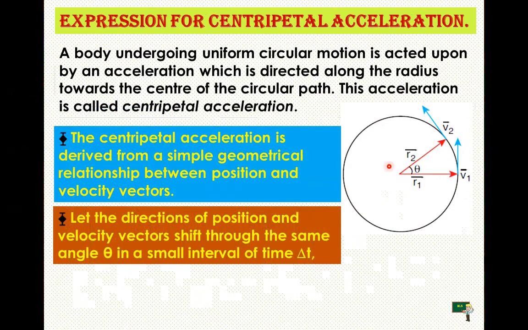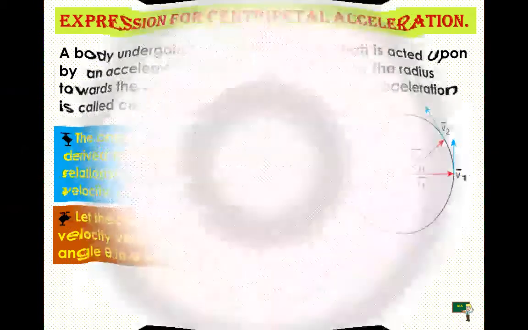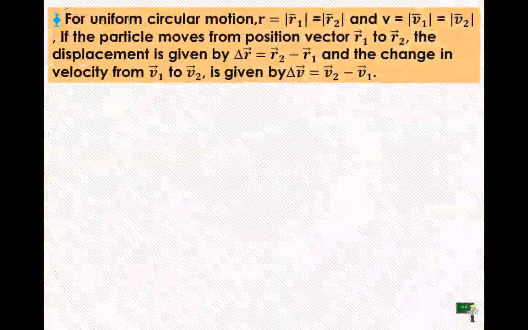That means we take this displacement in time del t. For a circular motion, r is equal to modulus of r1, which is equal to modulus of r2, and v is equal to modulus of v1, which is equal to modulus of v2.